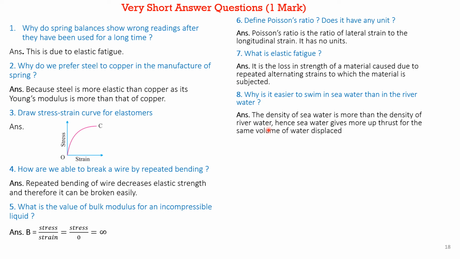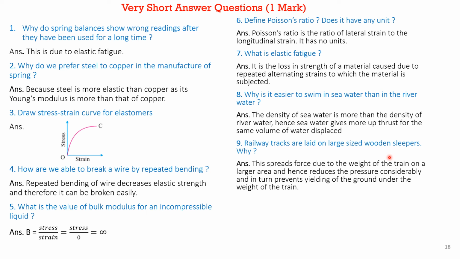This we will study in detail in the next chapter, that is chapter number 10. Railway tracks are laid on large size wooden sleepers. Why? This spreads the force due to weight of the train on the larger area and hence reduces the pressure considerably and in turn prevents yielding of the ground under the weight of the train.